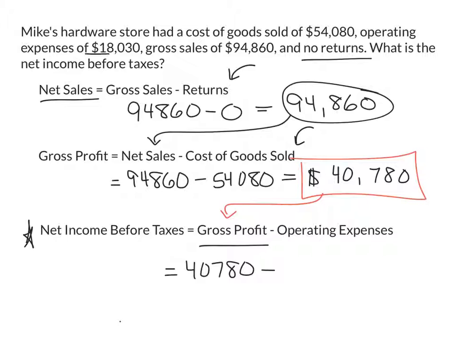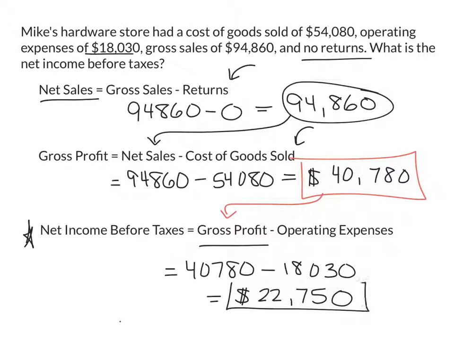And the problem tells us that operating expenses is $18,030. $40,780 minus $18,030 gives us a final answer of $22,750. So that is our value for the net income before taxes. And that's our final answer.